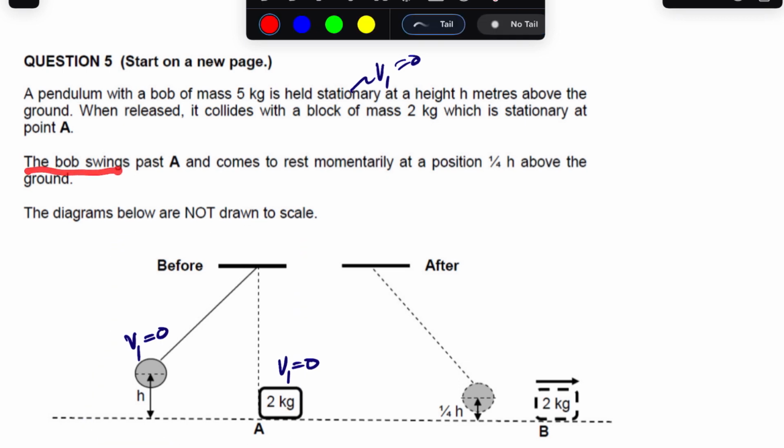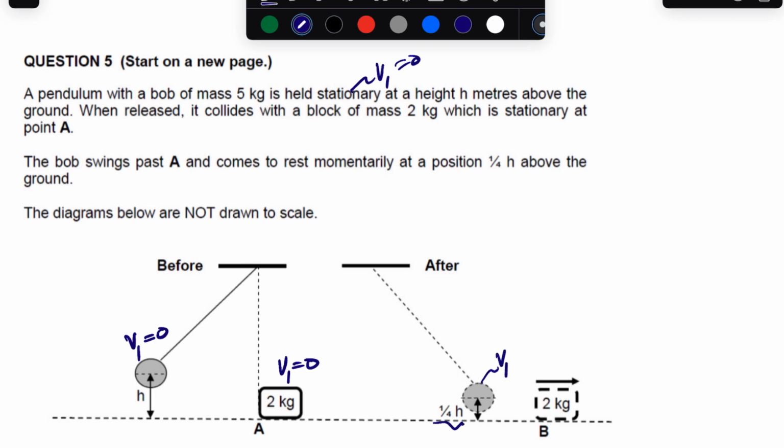Now it says a bulb swings past A, which is after collision, and comes to rest momentarily. So when it swings up again, it reaches that height, which is quarter h, and then it rests momentarily.